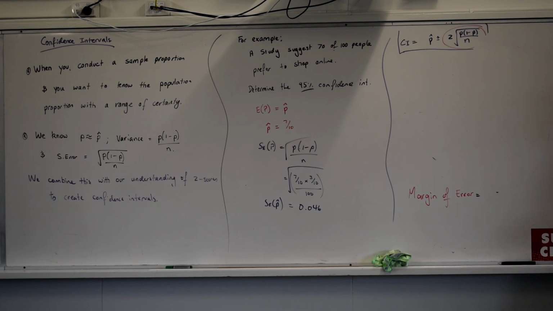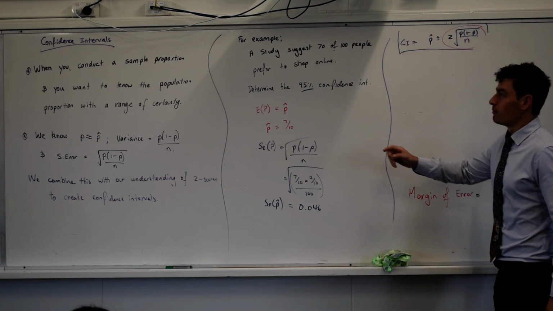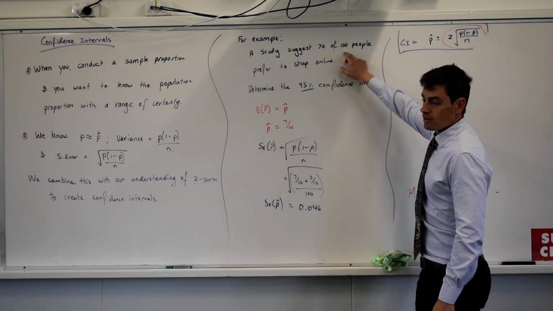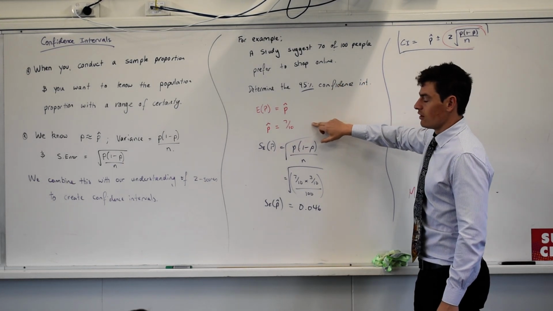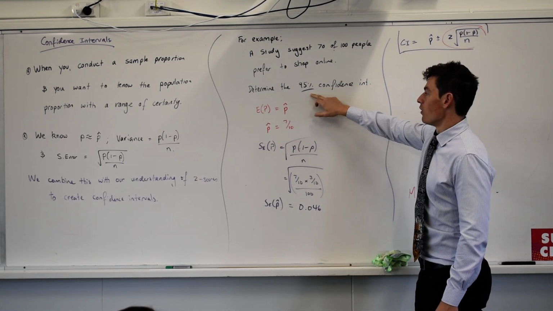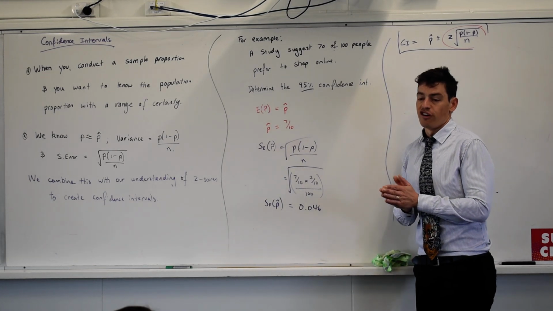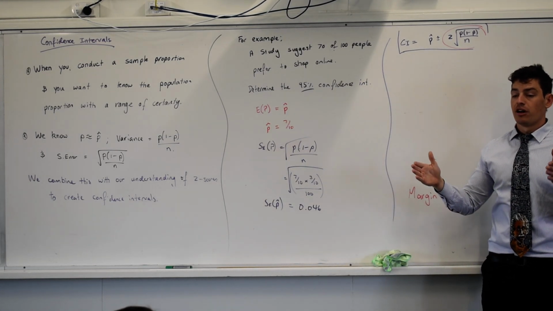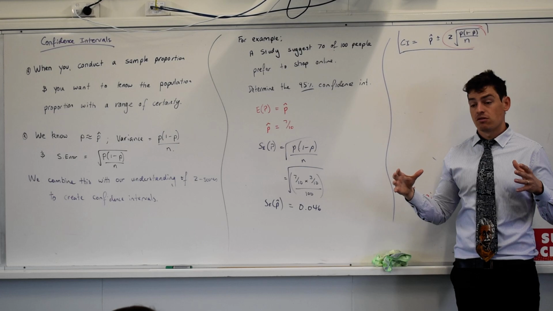So where are they getting these numbers from? The buffer thing, how do they know that? I'll teach you. So this is our sample, 70 out of 100. And we're going to create a confidence interval where we say, I want to be 95% certain that the population proportion is within that range.